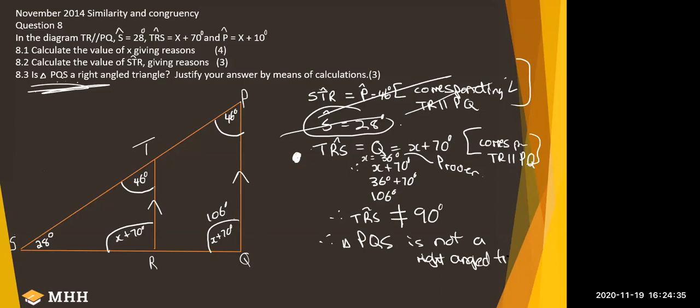Ma'am? Yes. Ma'am, why are you saying therefore TRS is not equal to 90? Why are you putting that reason there? Okay, I'm putting it in here because they're asking. No, it's not TRS. Thank you, it's Q. Therefore, angle Q is not 90. Thank you. Because they said, is triangle PQS a right angled triangle?